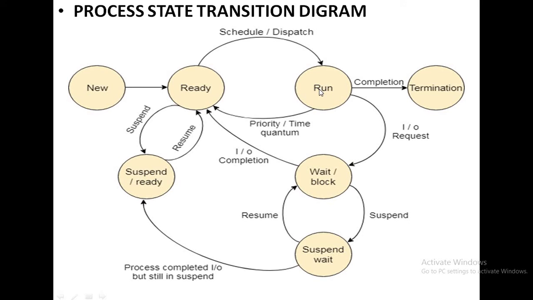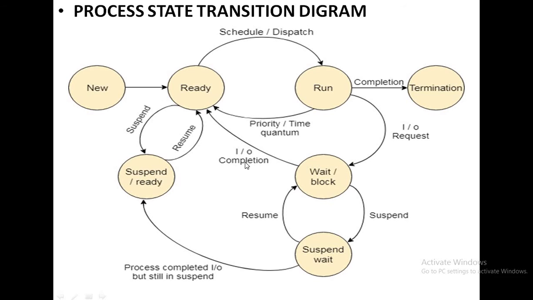After all the execution of a process is completed, that process is moved to the termination state, or it should move to the output screen for display purposes. So these are the steps and the working process of a process state transition diagram.